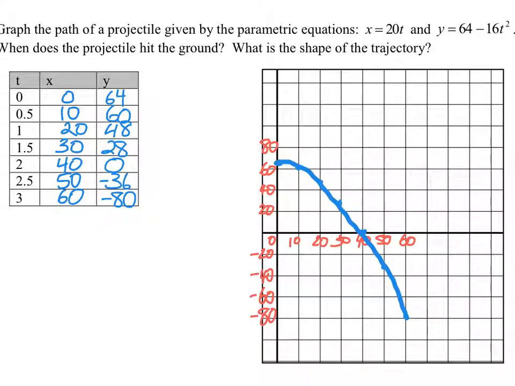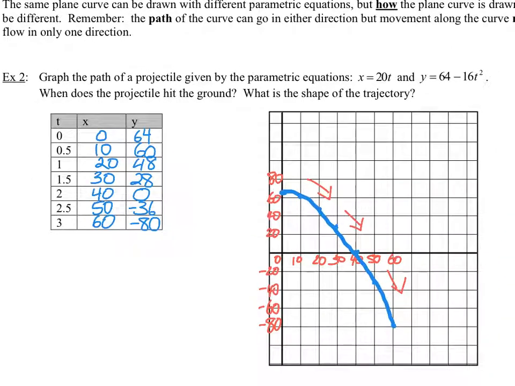Okay, so we just have to indicate the flow, downward direction, and then we're good. Now, the shape of the trajectory, that's easy enough, it's parabolic. Might look more parabolic on your papers than on mine. I mean, this is the best I can do.